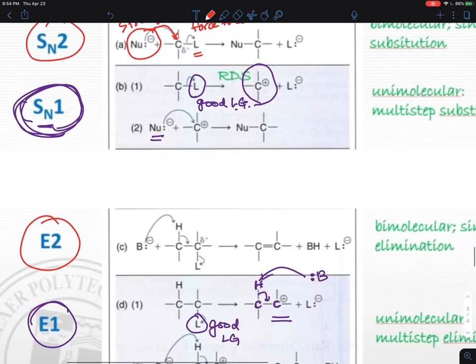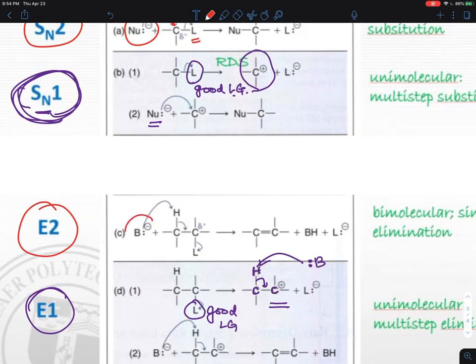It is the same here with E2: a strong base looking for hydrogen. These electrons are being stripped away, so the base forms the bond with this hydrogen and forces the leaving group to leave.